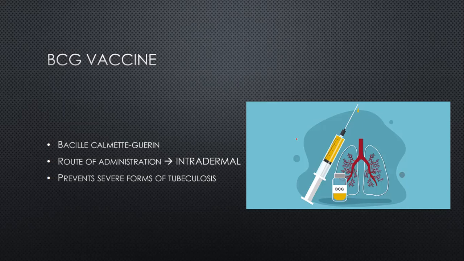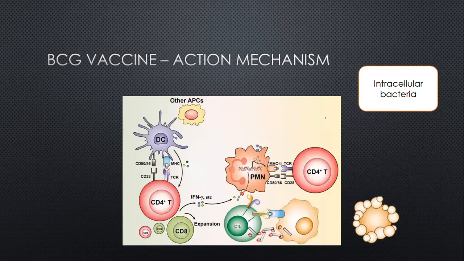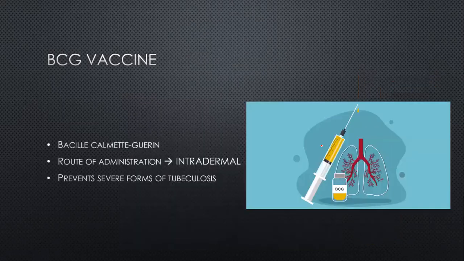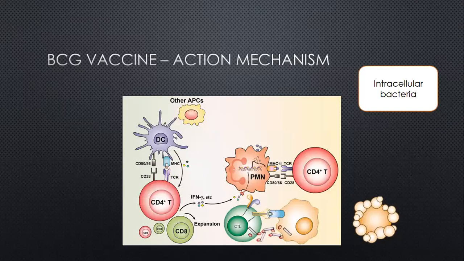Okay, so this is a little bit about the vaccine and how it works. As you read here, the route of administration is intradermal, right? I already told you that beneath our skin, we have some sentinel cells, such as the dendritic cells. So here we have a dendritic cell. That is what the DC stands for, okay?